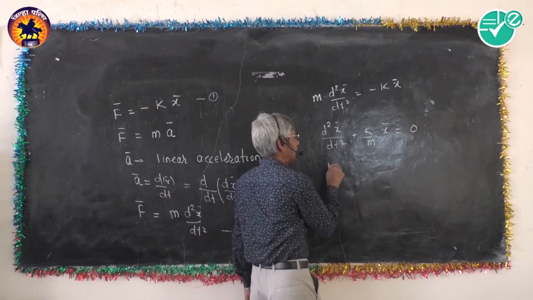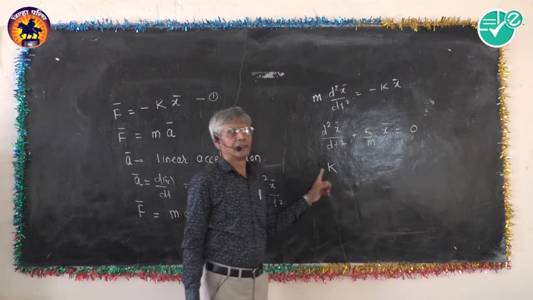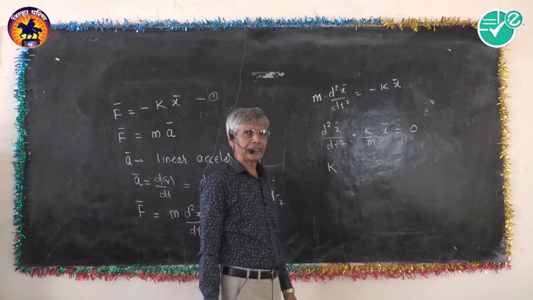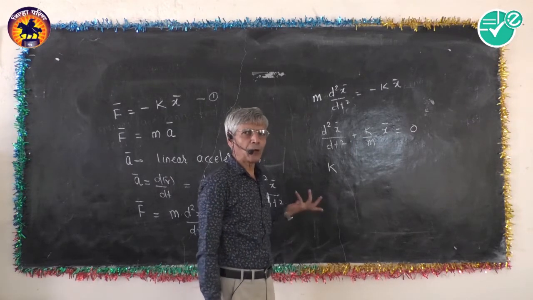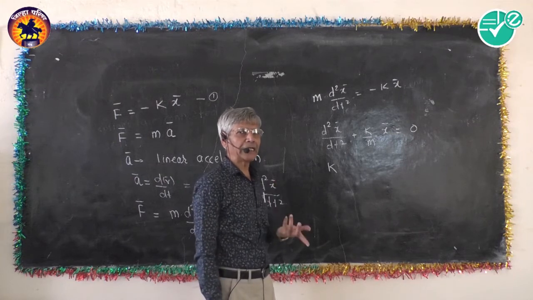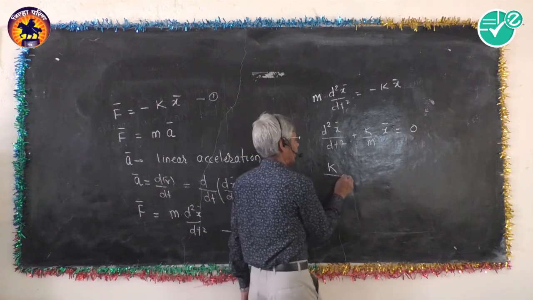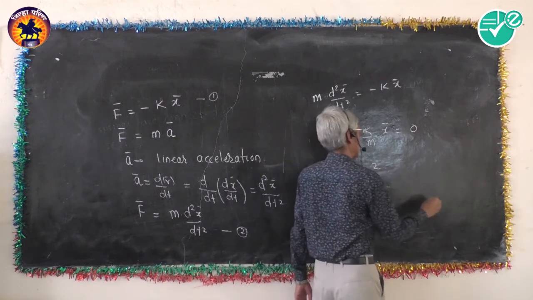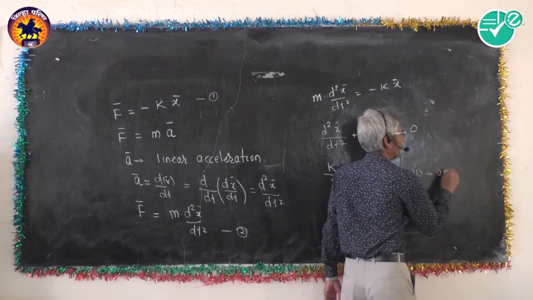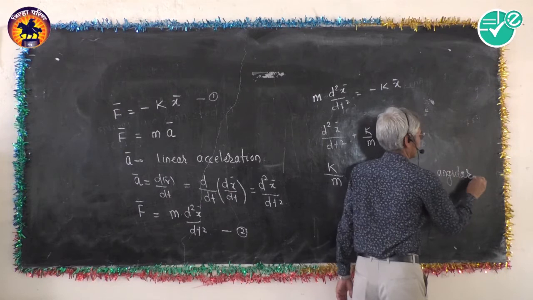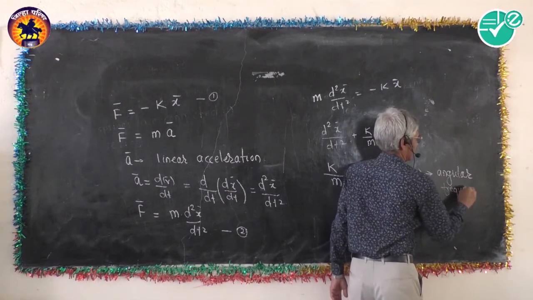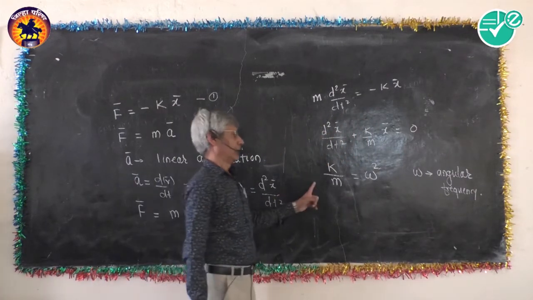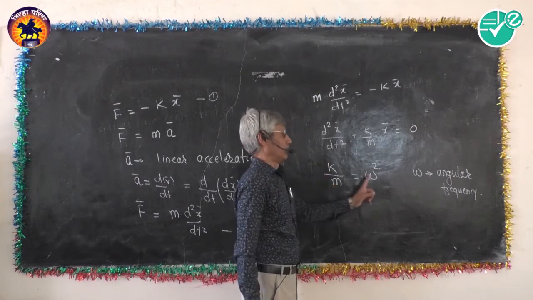In this equation, k is the force constant. It is constant for the given linear system. m is the mass of the particle. It is constant for the given particle. So for the given particle performing the given linear SHM, the ratio k by m is constant, and suppose this constant is taken as omega square, where omega is called the angular frequency.